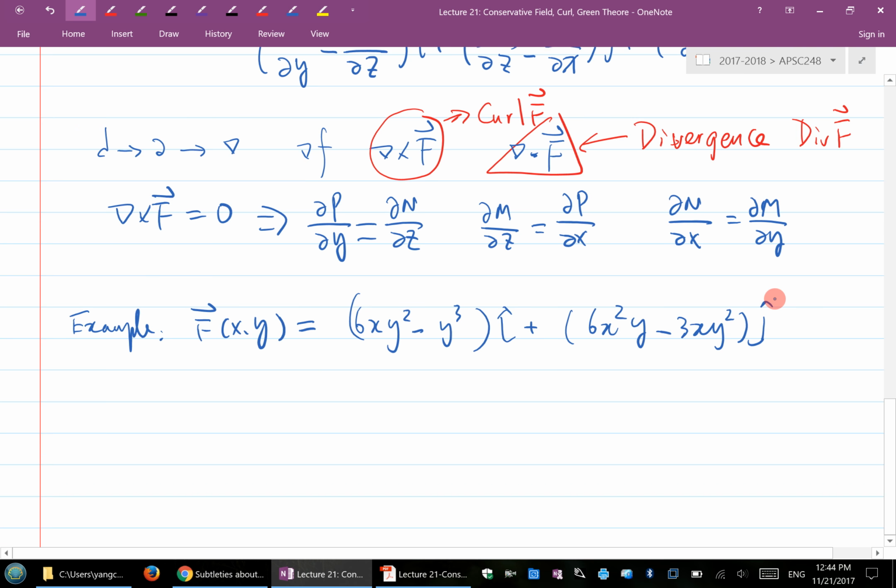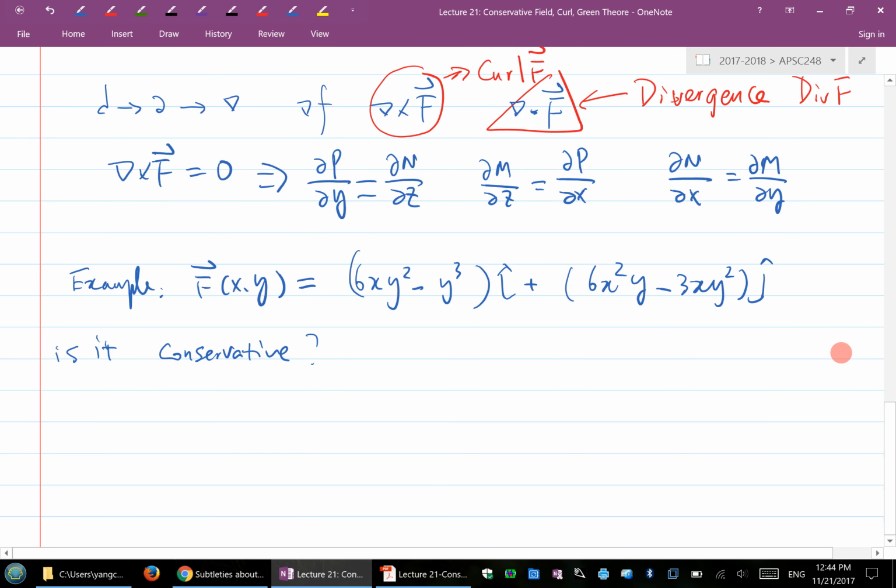There's no z component. The first question is: is it conservative? We're going to use the theorem that we just learned to check this vector field.